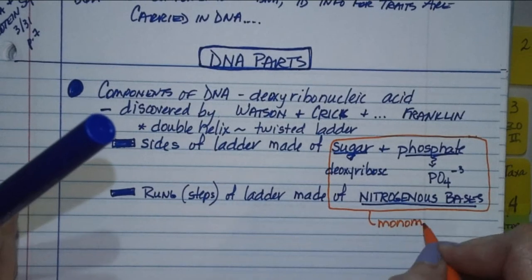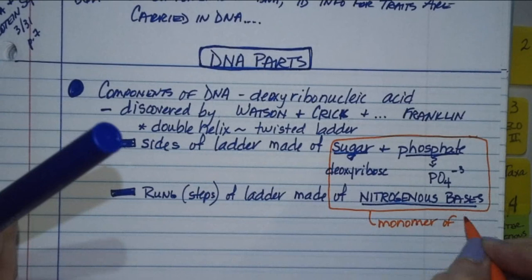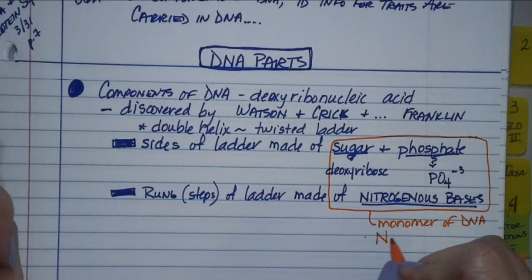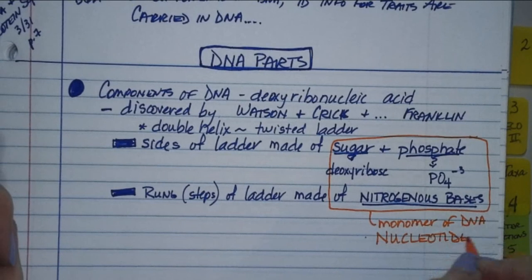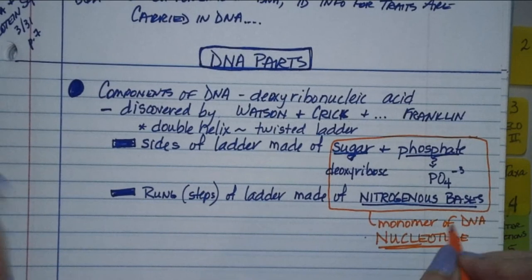And remember, that's called a nucleotide. They're going to refer to them as nucleotides, the nucleotides of the nucleic acid. It's made of 3 parts: the sugar, the phosphate, and one of the nitrogenous bases. That's a nucleotide. That's a monomer of DNA.